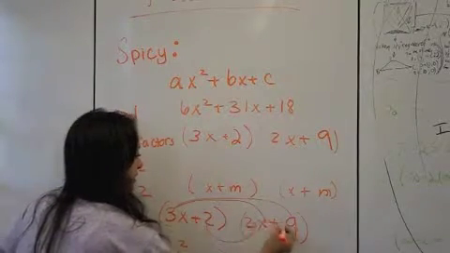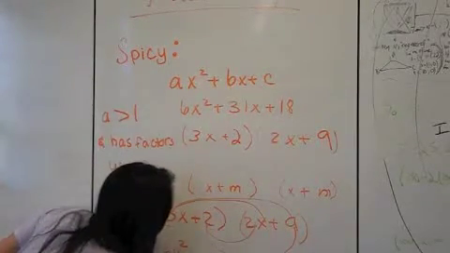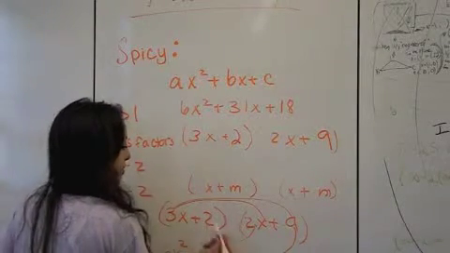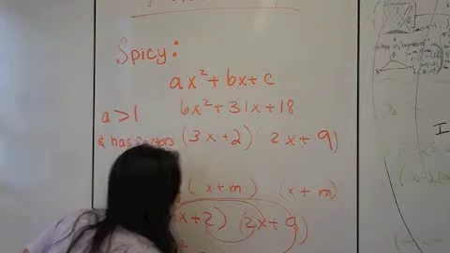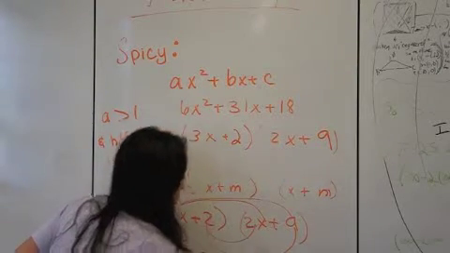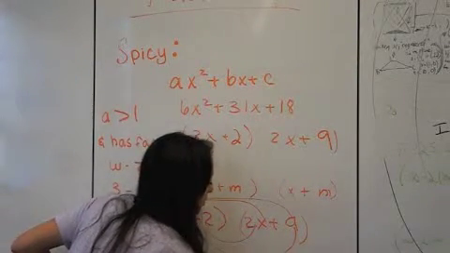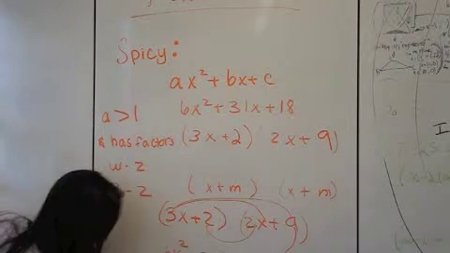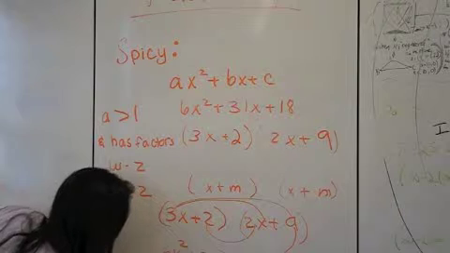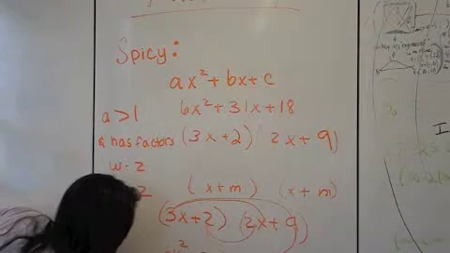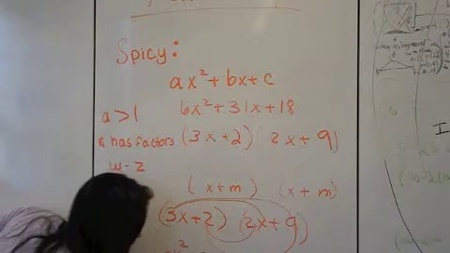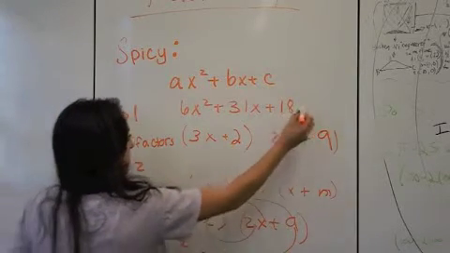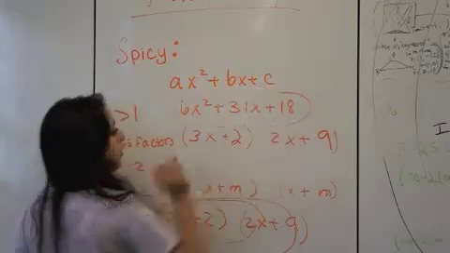And then 3x times 9 would be 27x. Now you do 2. 2 times 2x would be 4x. 2 times 9 would be 18. And now you sum them all together, ending up with 6x squared plus 31x plus 18. So it's correct. It's the same as this. And you're done.